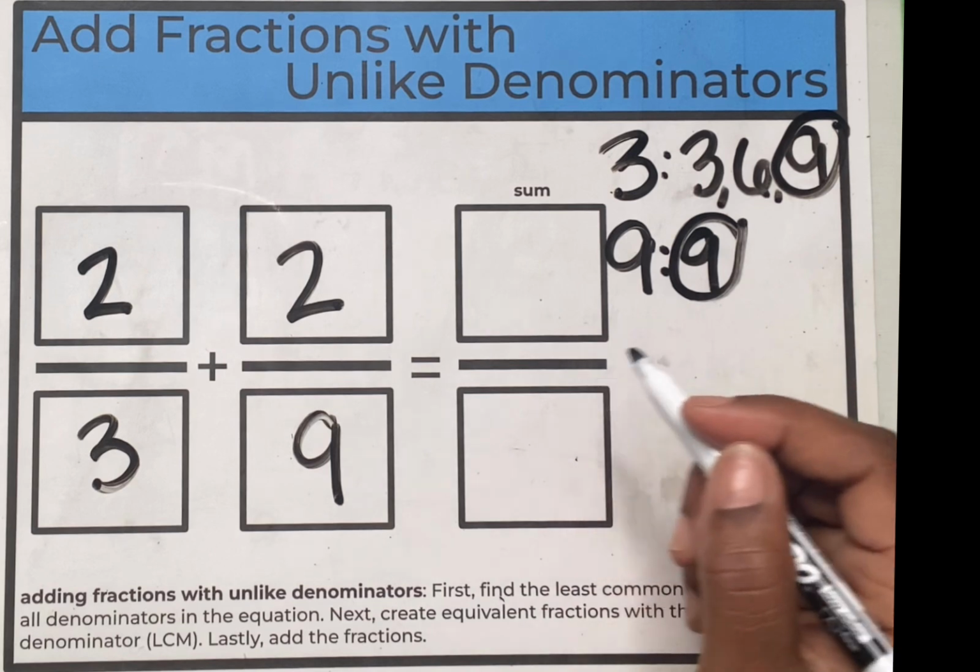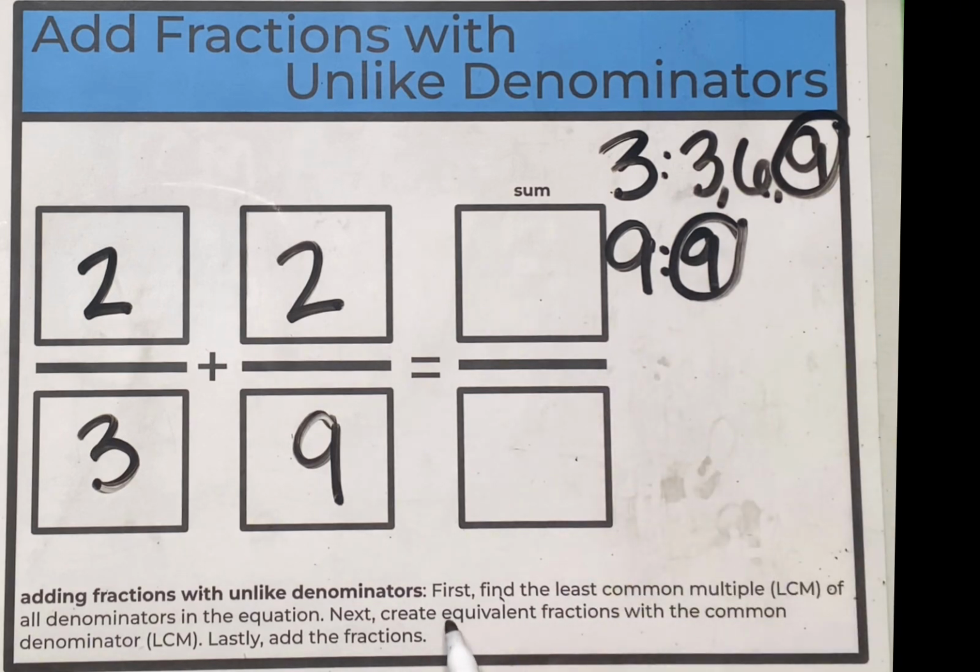Okay. Step 2, create what type of fractions? Equivalent. Very good. So which of these fractions needs an equivalent? 2/3 or 2/9? Which one do we need to change? Turn and talk to your neighbor. Pause the video.